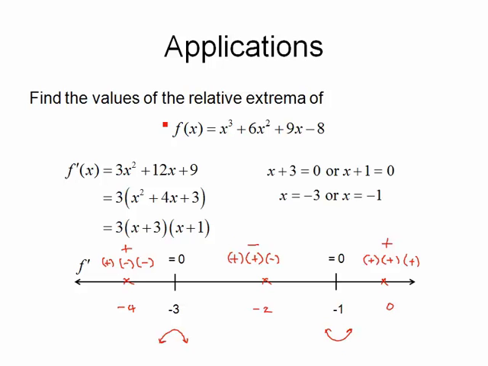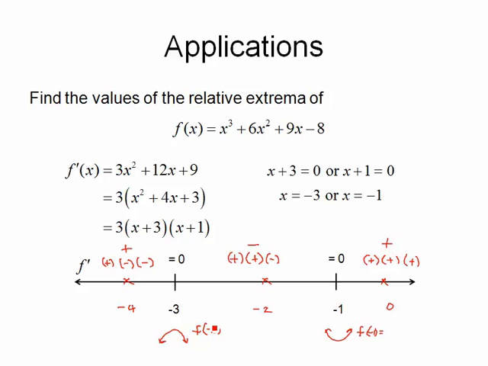It asked me to find the values of the relative extrema. That implies that I need to know what the function values are. So if I go ahead and find f of -3 and f of -1, that'll tell me exactly what those y values are.